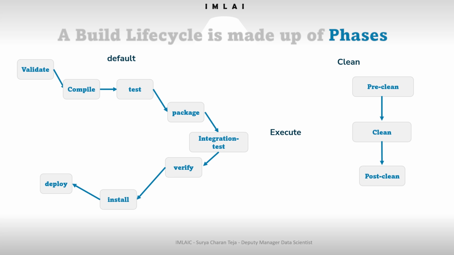Anyway, the default build life cycle begins with a validate phase. Either you can call it a step or stage or phase. We would say phase. The better terminology is phase. What is the validate phase? Validate is the first phase for our default build life cycle.